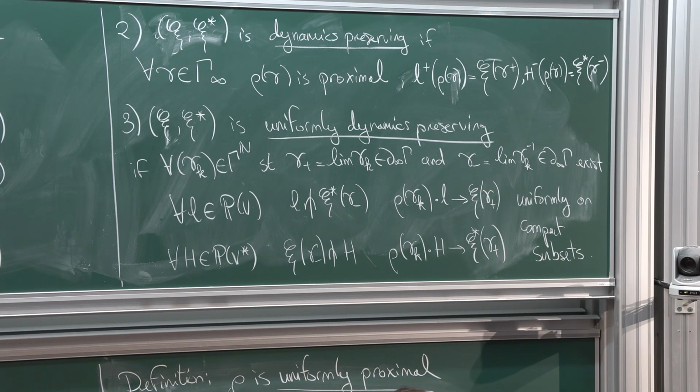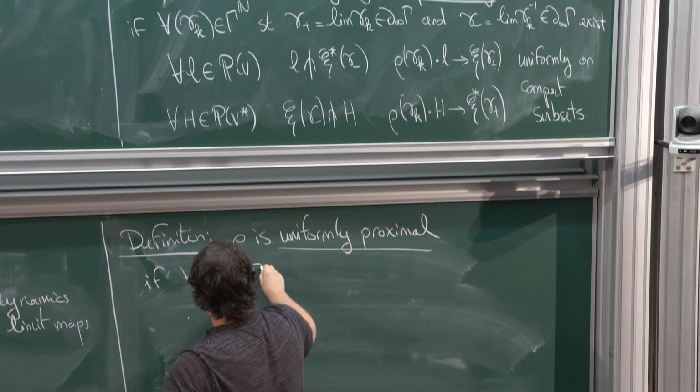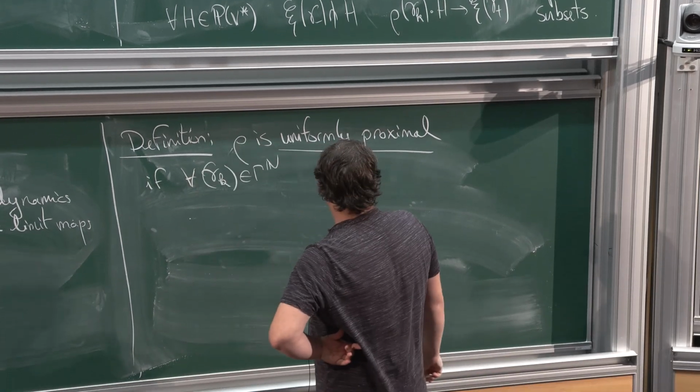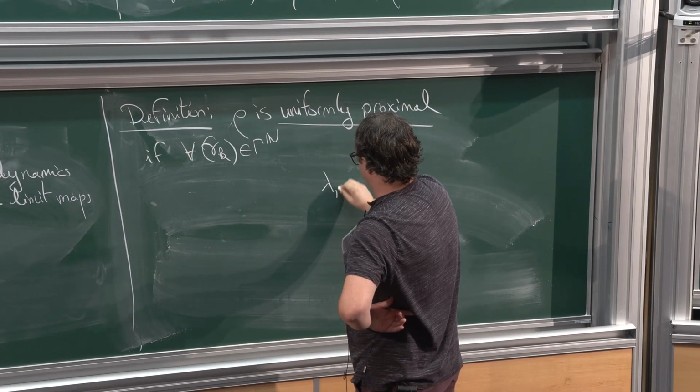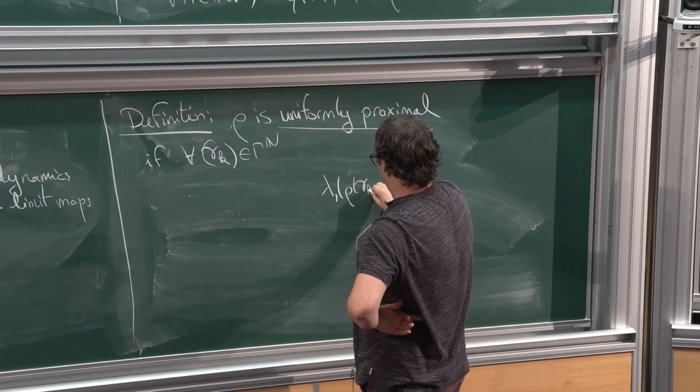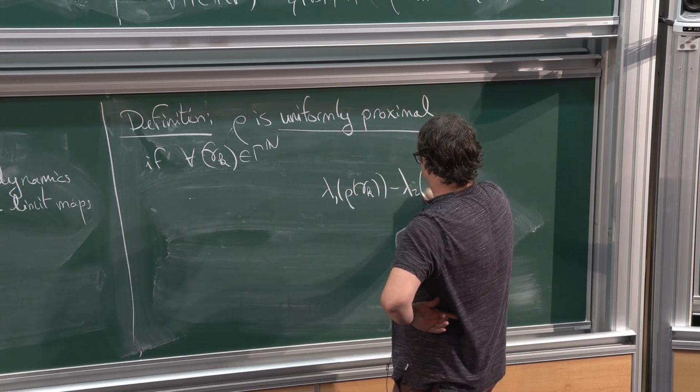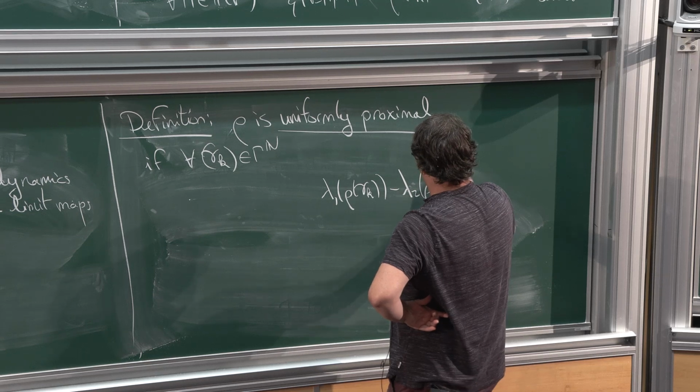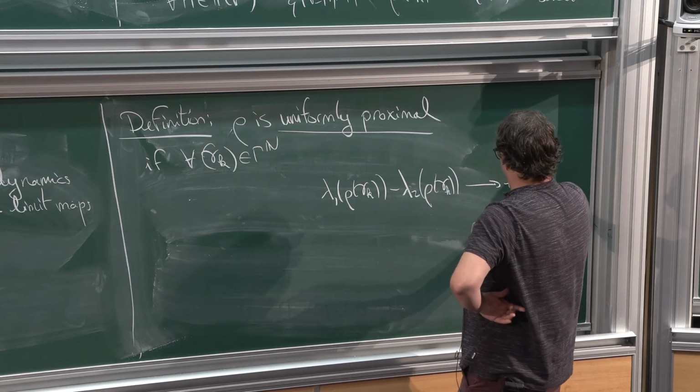So uniformly proximal would be that for any sequence gamma k in your group, you want, at the end, to have lambda 1 of rho of gamma k minus lambda 2 of rho of gamma k going to plus infinity.